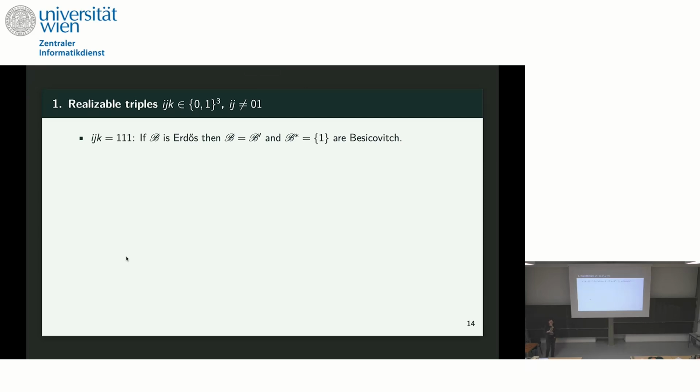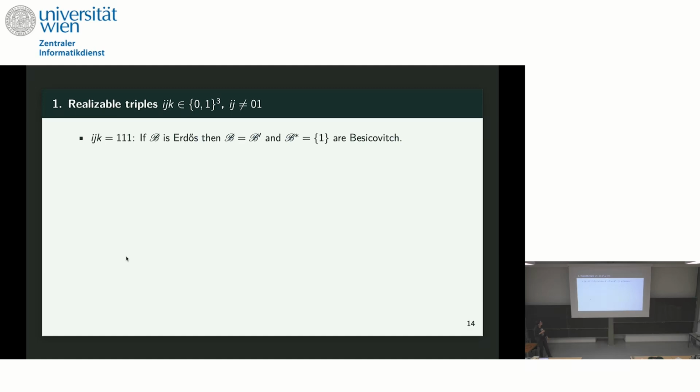So how is this whole setup of patterns and scales related to question 1? Well, I can tell you more or less how to construct examples. So (i, j, k) equal to (1, 1, 1). I want all three, B, B prime, and B star to be Besicovitch. This is simple to achieve. So if B is, for example, the squares of primes, then B is automatically taut.